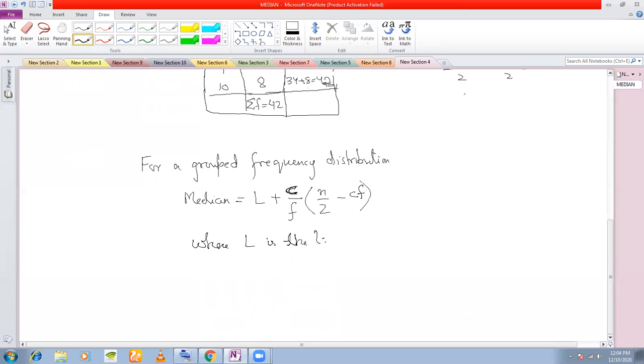What are these notations? Where L is the lower limit of the median class, or lower class boundary of the median class. C is the class width.